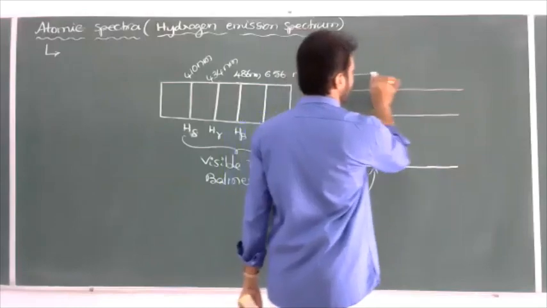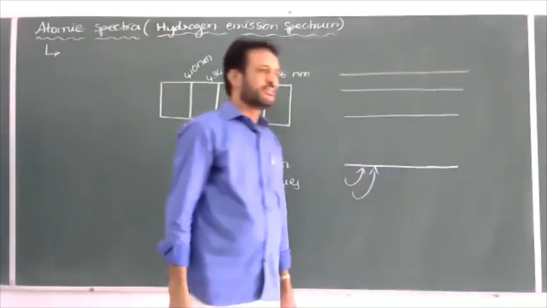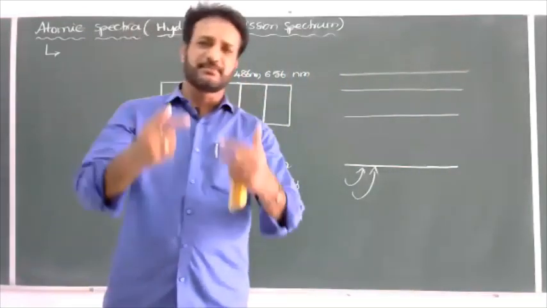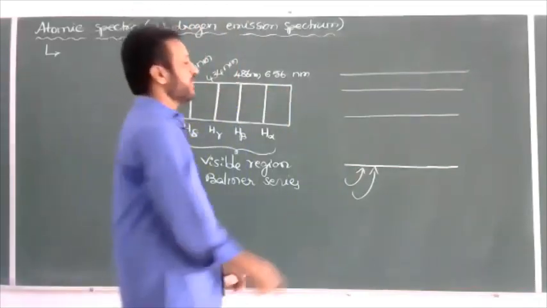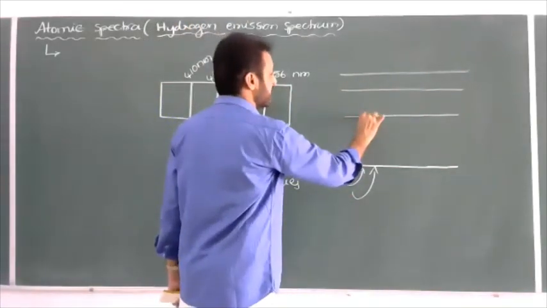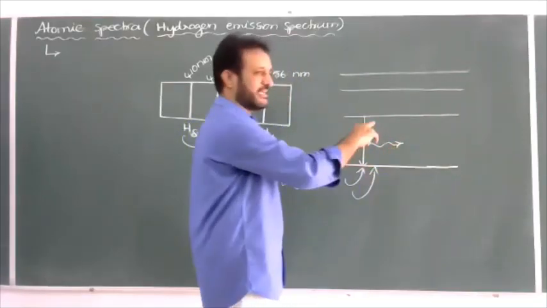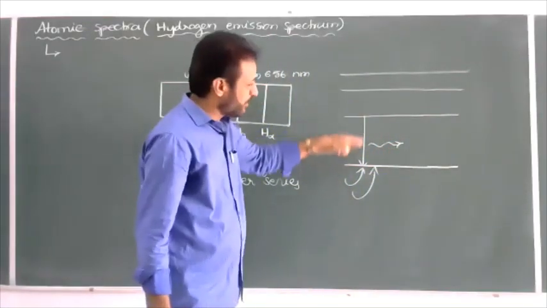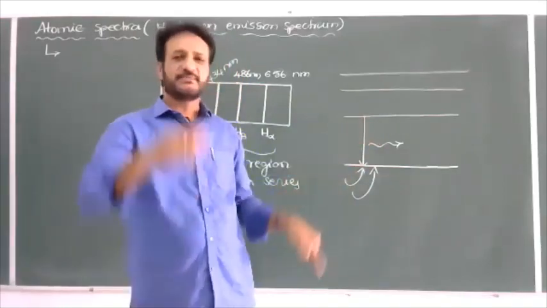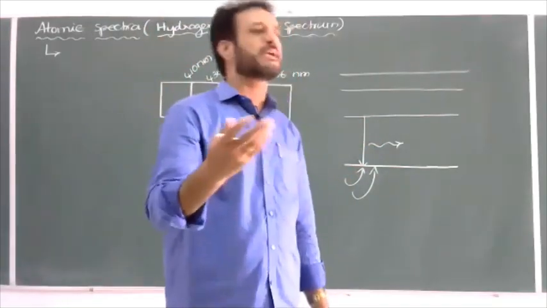But within 10 to the power of minus 8 seconds, they jump again from the higher orbit to the lower orbit. While returning, the electrons emit energy in the form of electromagnetic radiation, and this photon emitted is called a spectral line.